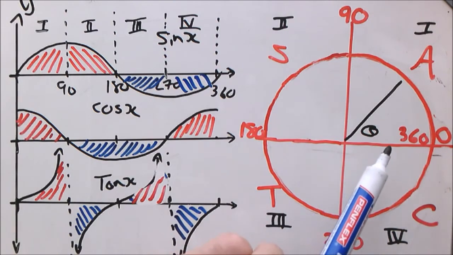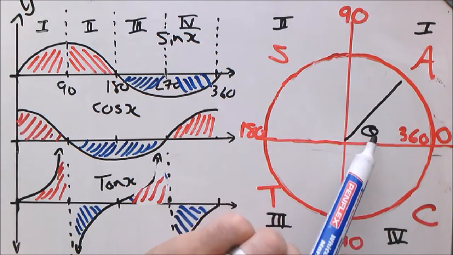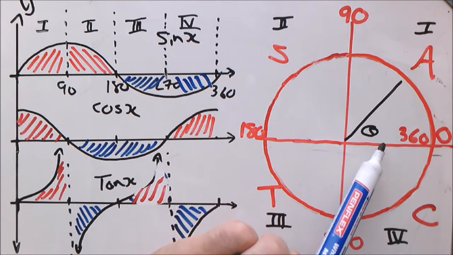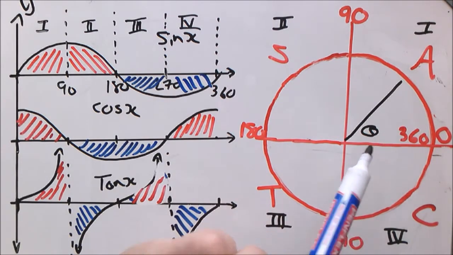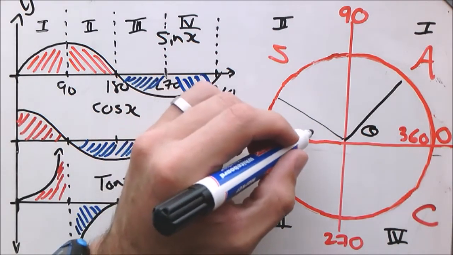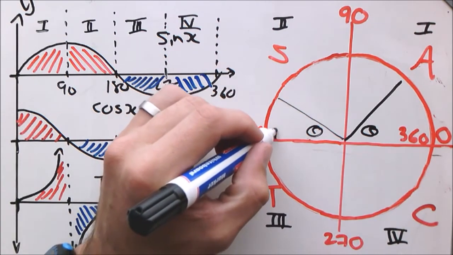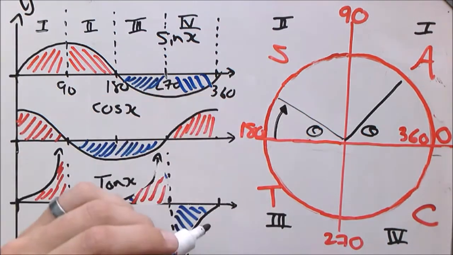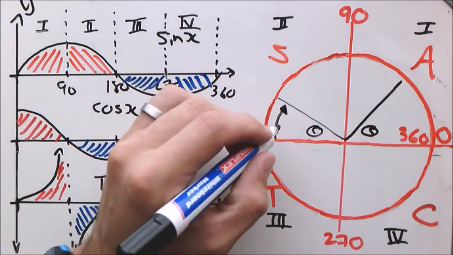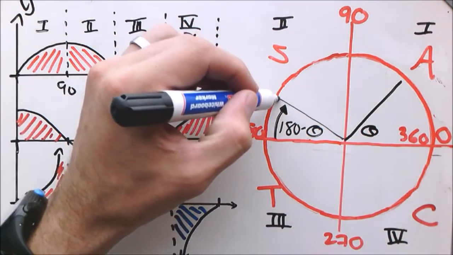For instance, the value that we will have if we've got an angle theta will be exactly the same if we move over to 180 minus theta, to give us that position.